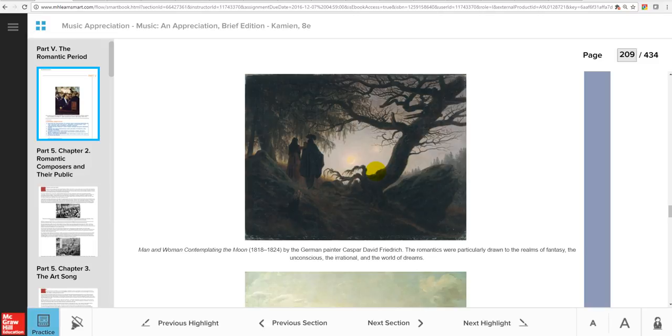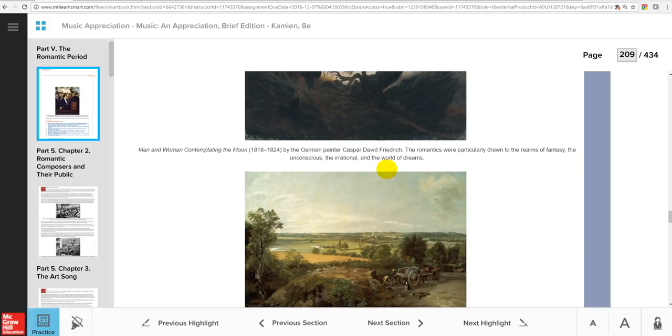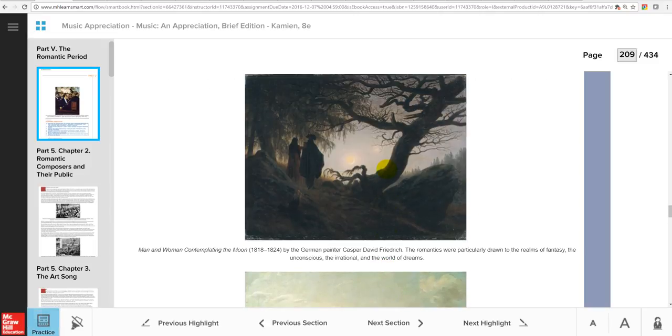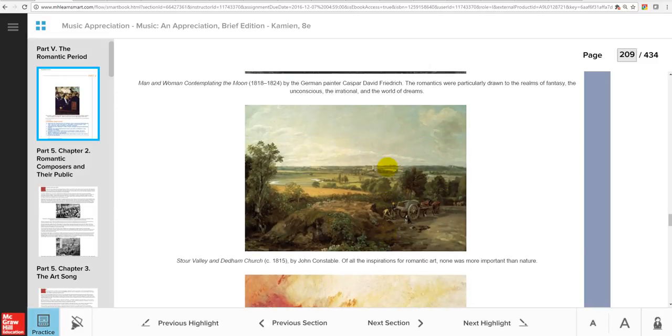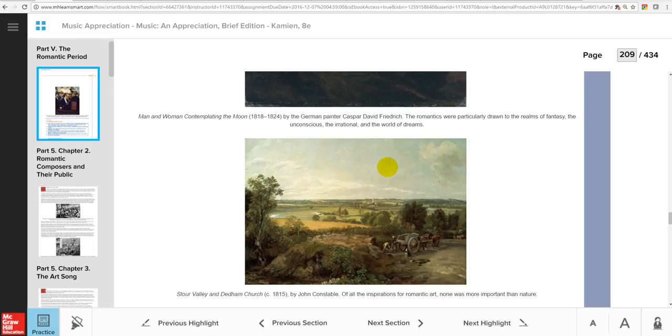Beethoven loved to go out on country walks. Beethoven loved nature, and you see that continued into the Romantic period. For instance, in our chapter on program music, we're going to have a piece of music written by a Czechoslovakian composer named Smetana, and it's about going down a big river that goes through Czechoslovakia called the Moldau.